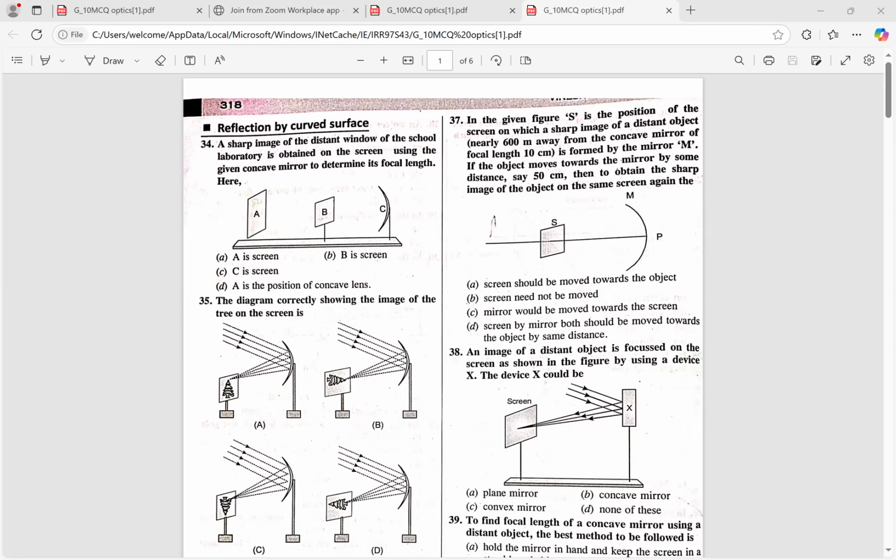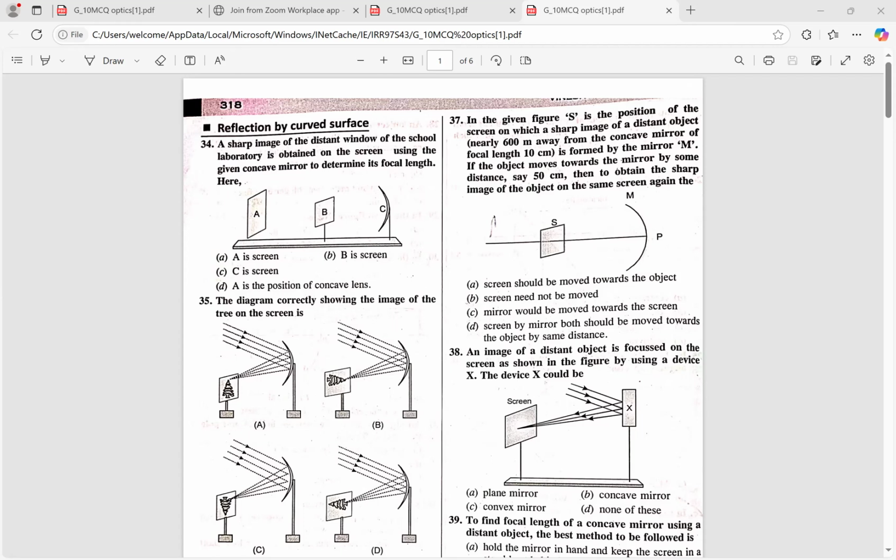So today we will discuss optics for grade 10 and grade 12 students, those students who face problems solving MCQs. Grade 12 students, your basic concept is clear, it means you do not face the problem in grade 12.